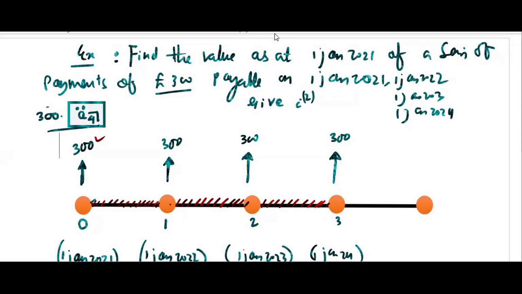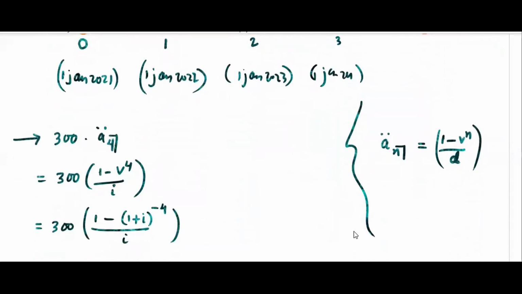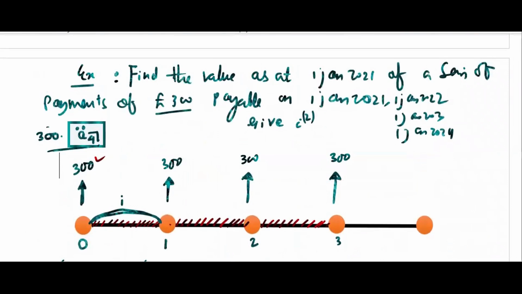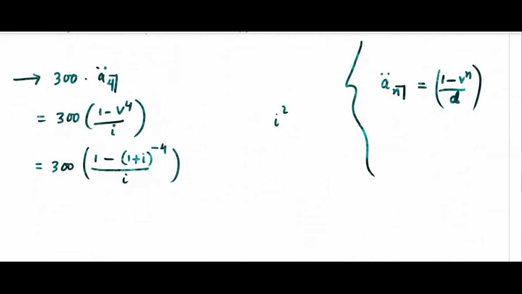This period interest rate, this is I. That is what we need here. So if I give I here, directly put it there. Even if I give I as 10%, the same formula applies. The only thing is you need to find I from I2.